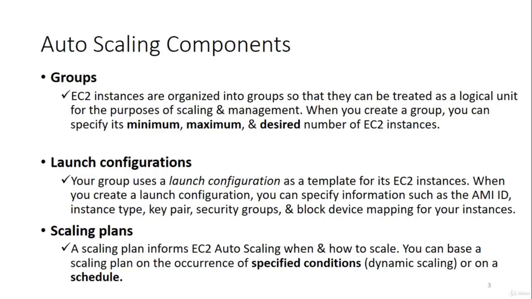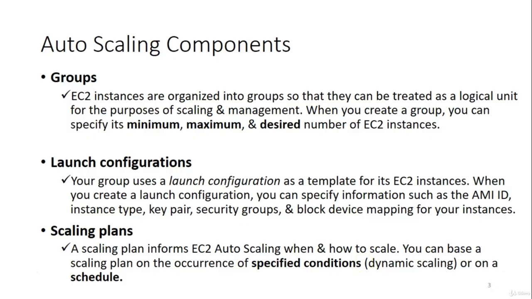Scaling plans. A scaling plan informs EC2 auto scaling when and how to scale. You can choose your scaling plan based on the occurrence of specified conditions, that is dynamic scaling, or on a schedule. For dynamic scaling, your conditions could be when CPU utilization is greater than 90%, you need to create a particular number of instances.